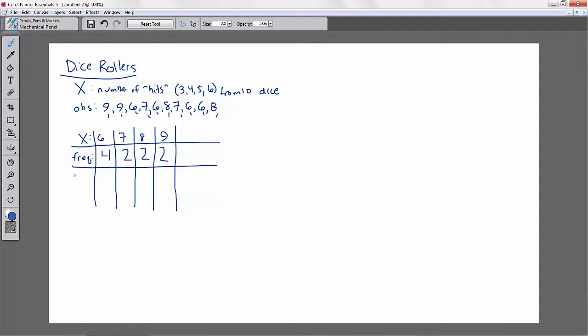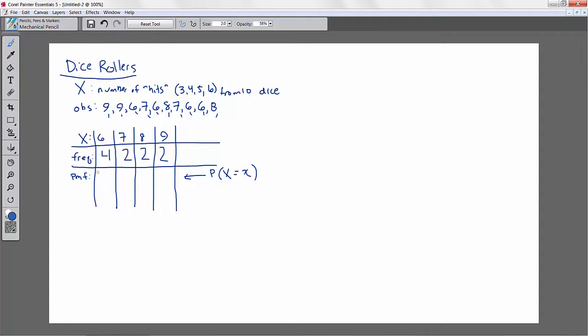So using these observations, we can compute a probability mass function. And remember that a probability mass function is the probability that a random variable x takes on a specific value. For example, we saw that 4 out of these 10 occurrences, the random variable took on a value of 6.